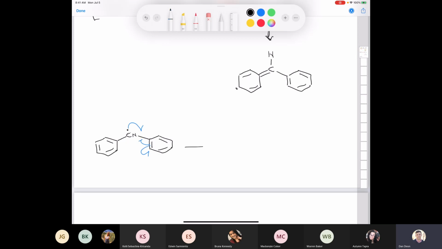So then you'd end up with the resonance structure that looks like this. So then you have the double bond here, your hydrogen here, and you'd have the radical here and here and here. Does that help? Does that clear it up a little bit?